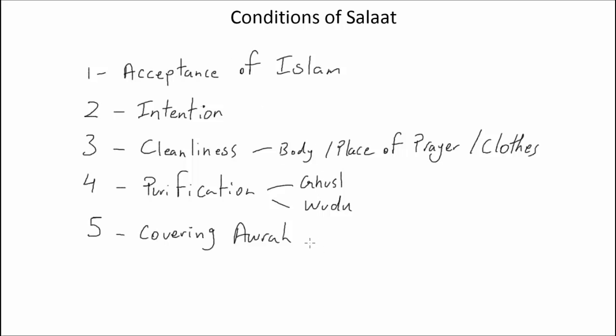For men, we've already talked about this when we discussed the dress of the worshipper: it is between the navel and the knee. And for a woman, it's basically from head to toe, except your hands and face, which we talked about in the dress of the worshipper lesson.